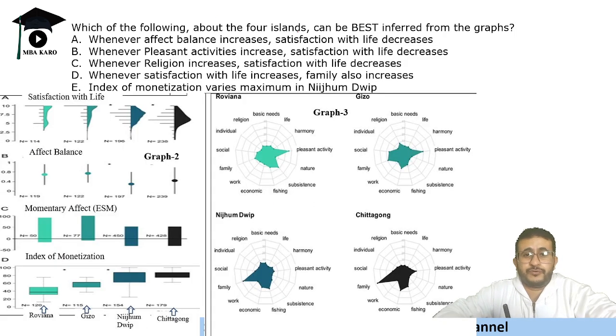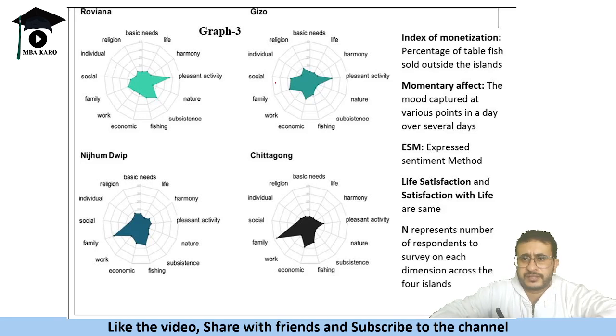Which of the following about the four islands can be best inferred from the graphs? You have to go through the graph, observe the data, and answer it. Whenever affect balance increases, satisfaction with life decreases. We have satisfaction, and the index of monetization. Something was given here that life satisfaction and satisfaction with life are the same.